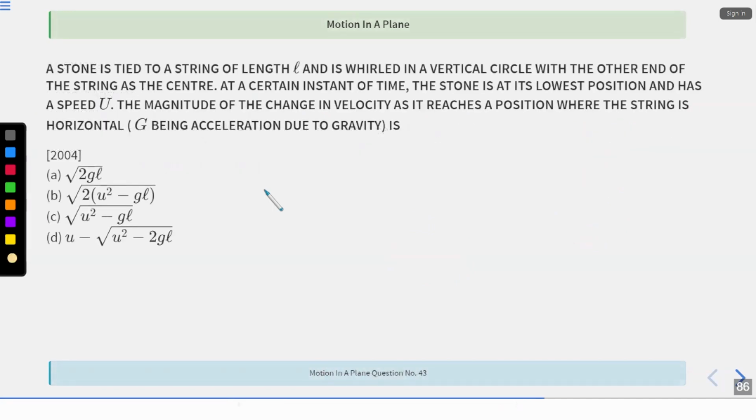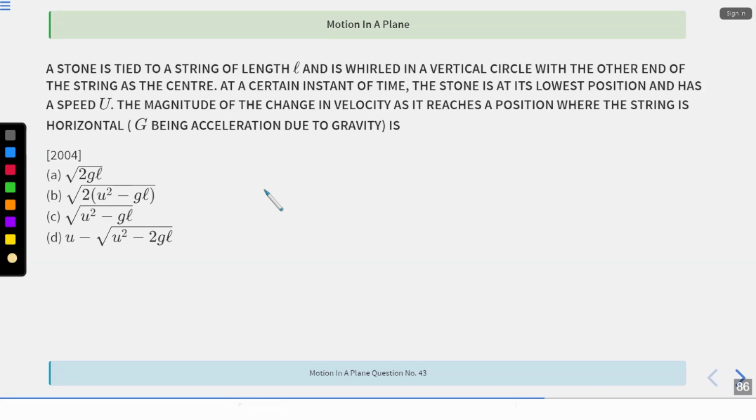A stone is tied to a string of length L and is whirled in a vertical circle with the other end of the string as the center. At a certain instant of time, the stone is at its lowest position and has a speed of u. The magnitude of the change in velocity as it reaches a position where the string is horizontal would be what?